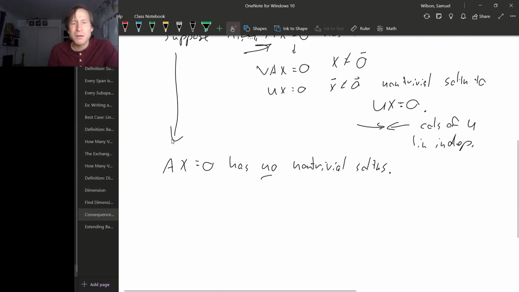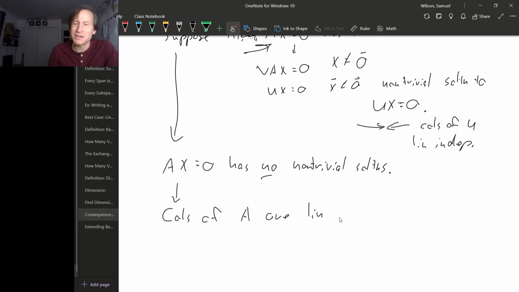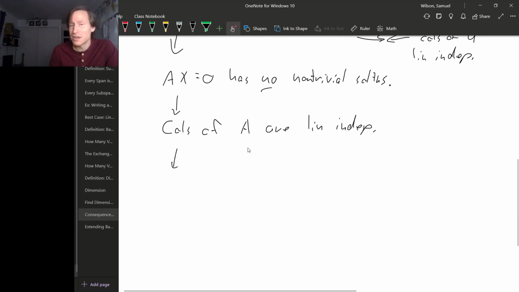All right. But remember, that tells us that the columns of A are linearly independent. And for a square matrix, and A is square, it's k by k, remember?